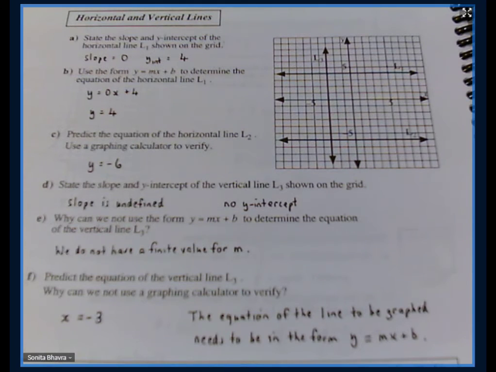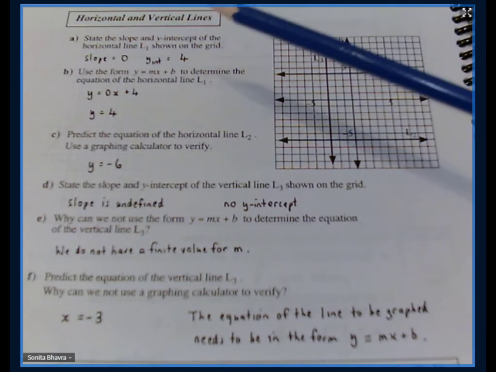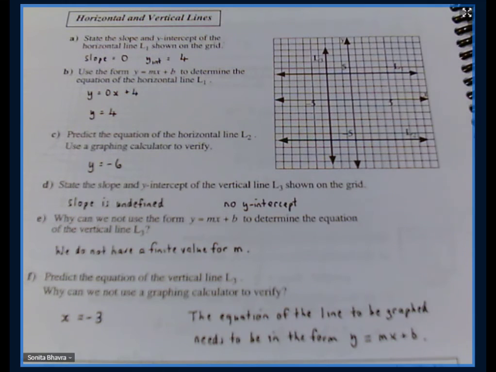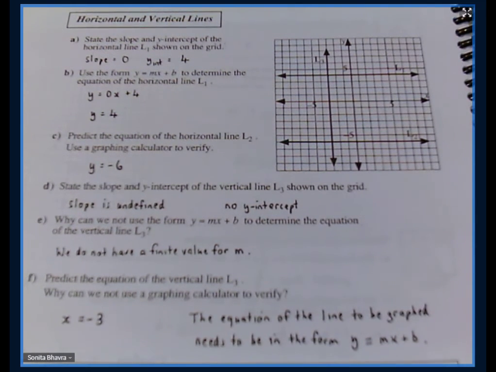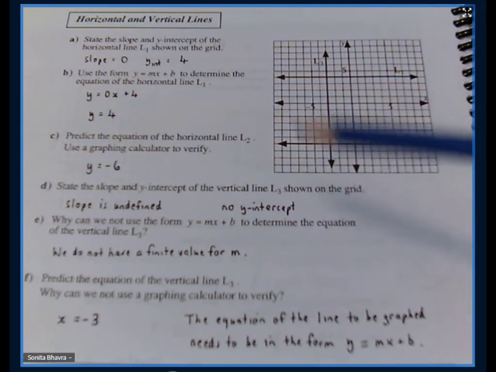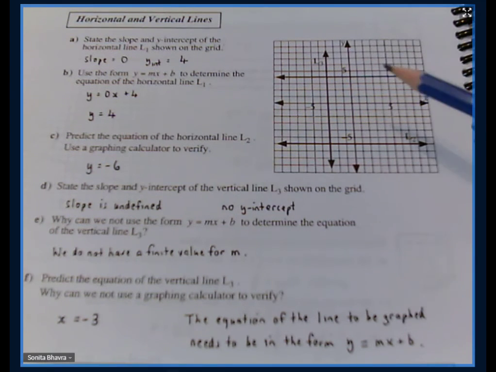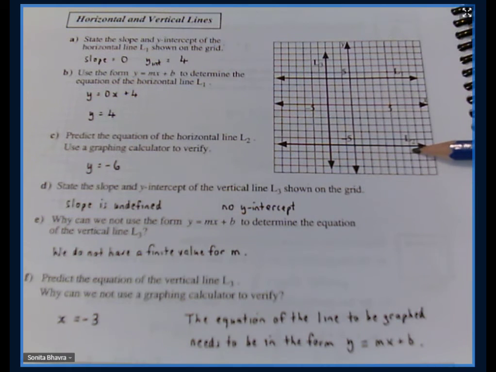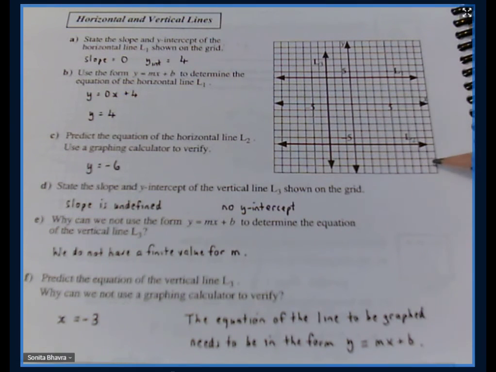Okay, our next example is exploring horizontal and vertical lines. We did already explore horizontal and vertical lines, so this is just a little bit of a recap. So let's take a look here. We have line 1 and line 2, those are our horizontal lines. We have another line here, line number 3, that's a vertical line. Both line 1 and line 2 are horizontal lines, therefore they have a slope of 0.